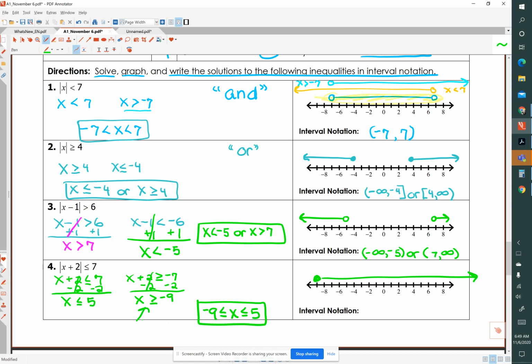However, we are constrained also by x being less than or equal to 5. So we're going to have to make some adjustments to that line. So we put a solid dot on 5, and we connect it. And let's write it in interval notation: -9, 5, both with brackets.